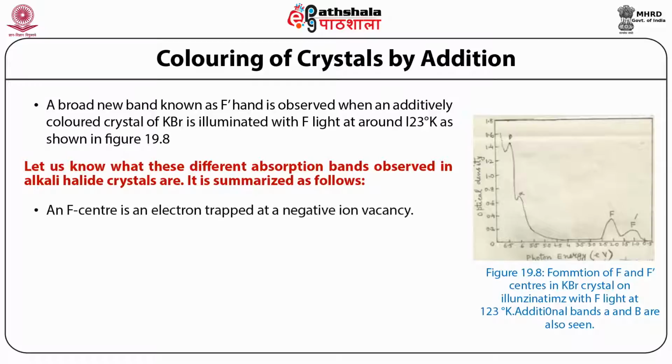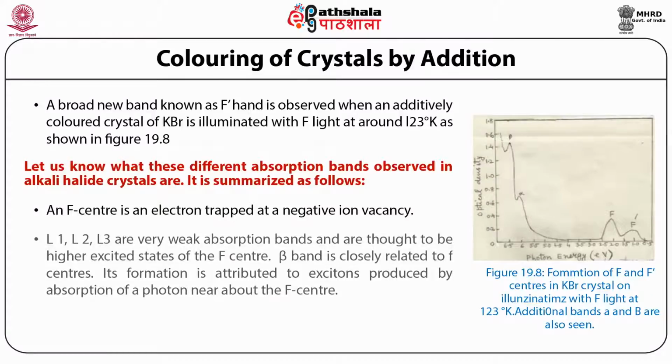Number 1. An F center is an electron trapped at a negative ion vacancy. Number 2. L1, L2, L3 are very weak absorption bands and are thought to be higher excited states of the F center. Beta band is closely related to F centers. Its formation is attributed to excitons produced by absorption of a photon near the F center.